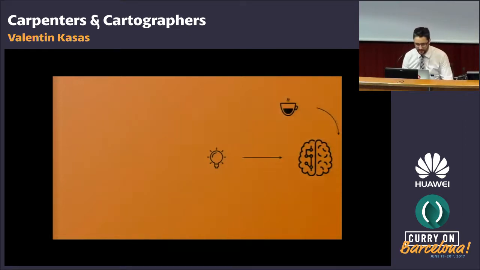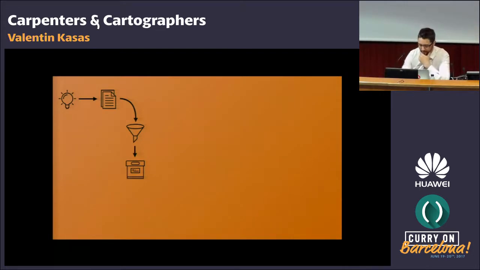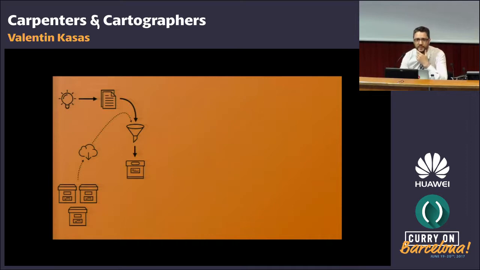So let's try again. Someone comes to us with an idea of something that could be done with computers. We write a bunch of text files in a programming language. We feed that text into some kind of build system, and we end up with a binary that is executable. Of course, because we are lazy, we reuse code that has been written by other developers before us, which comes from the network.